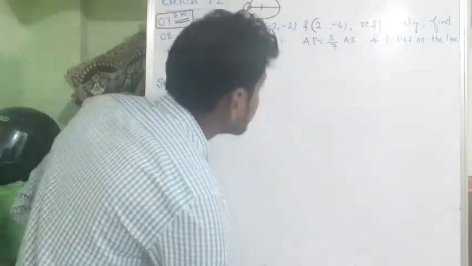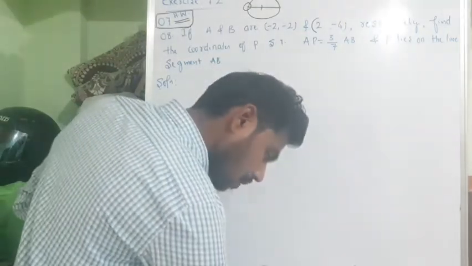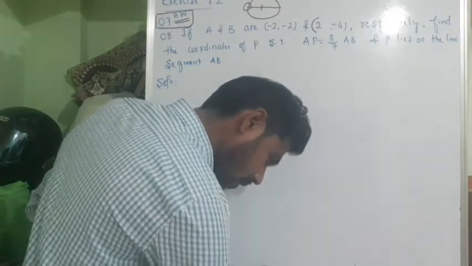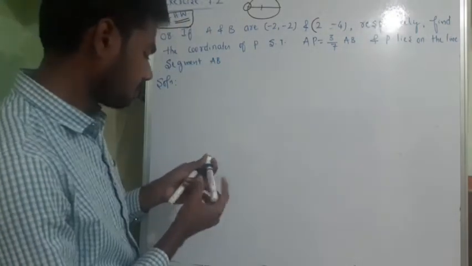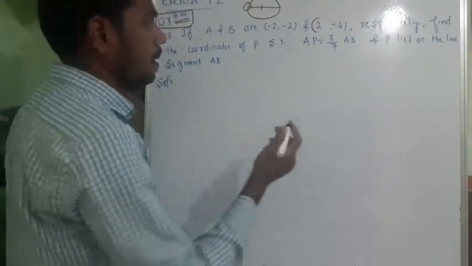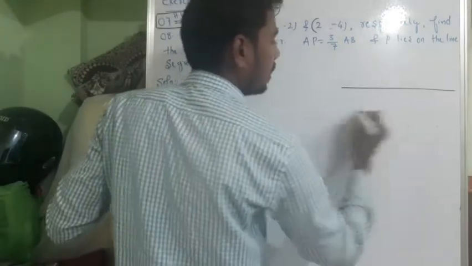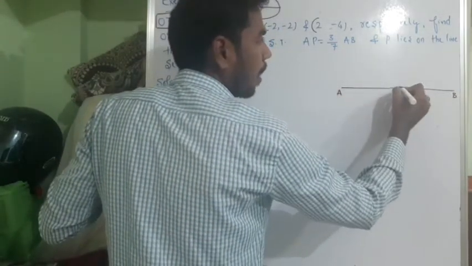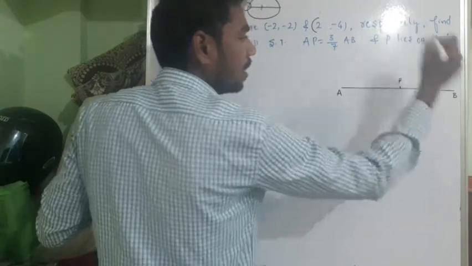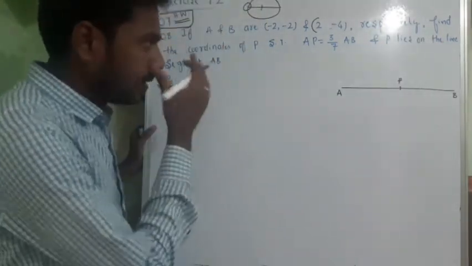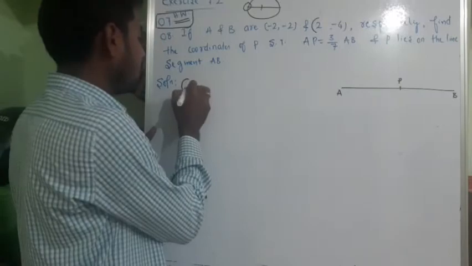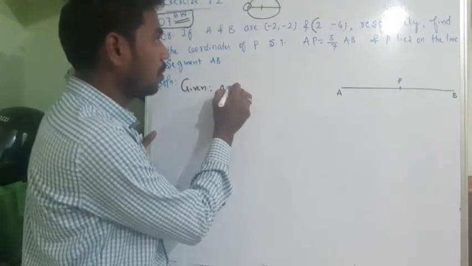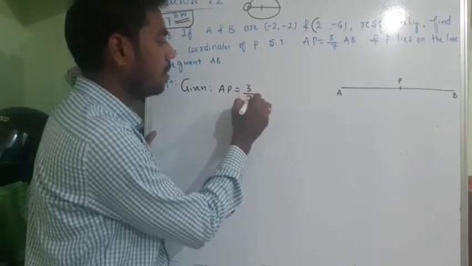Okay, minus 2, minus 2, 2, minus 4, 3 by 7, right. Now, see what they are telling: there is a line segment, the end points of this line segment are A and B, and P is the point that lies on the line AB. They have given that AP is equal to 3/7 times AB.